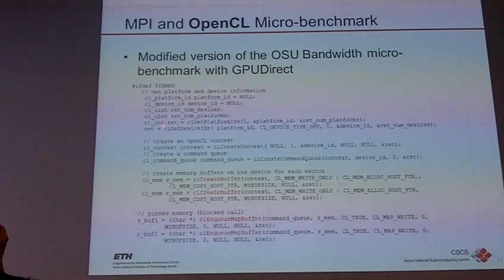So essentially, you set up your platform, then you create a context. This is not as straightforward as in the case of CUDA, but when you search quite a bit, you can find out how to use pinned memory in OpenCL.